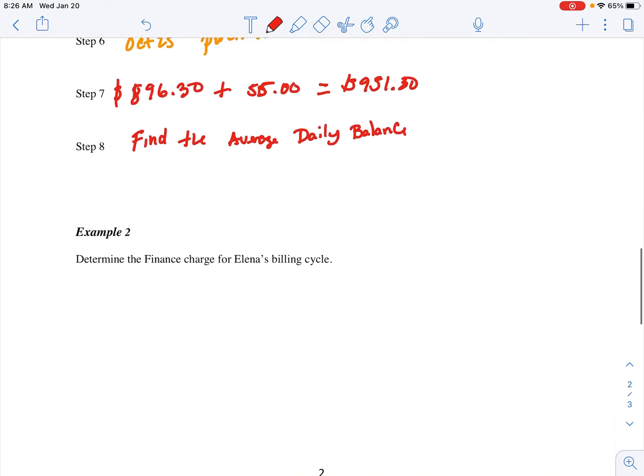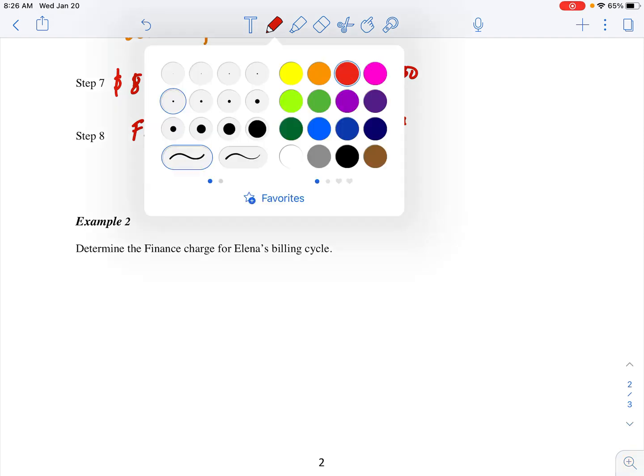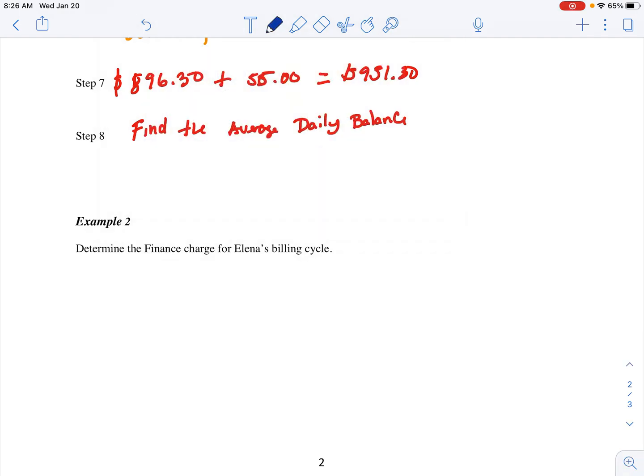11 days actually. So we've got $829.30, and we're going to multiply that by 11. And that is $9,122.30.